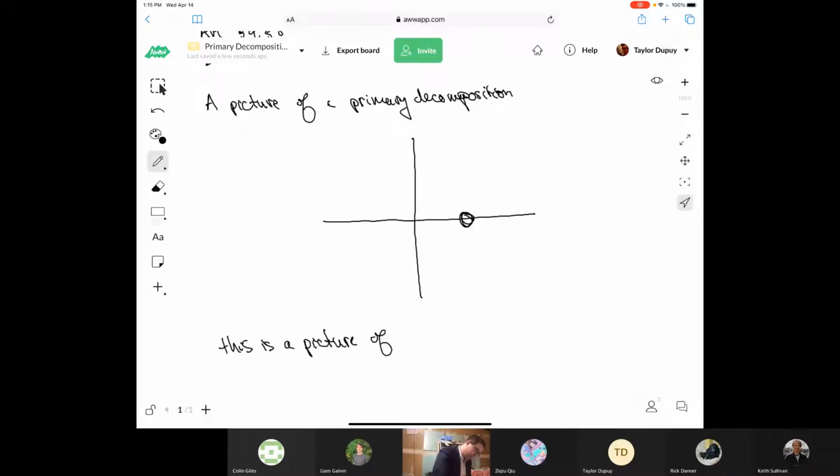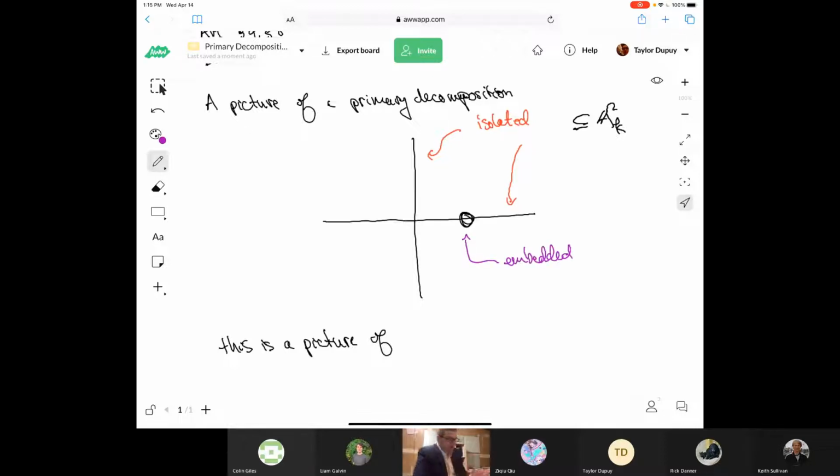This is in A2 over a field K. These are isolated components, and then there's this fat thing here, and this thing here is embedded.